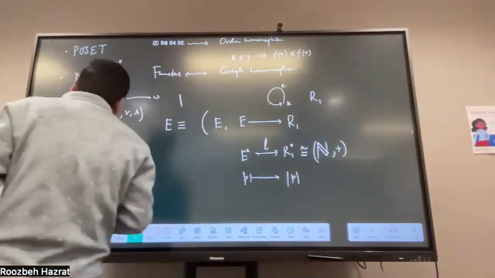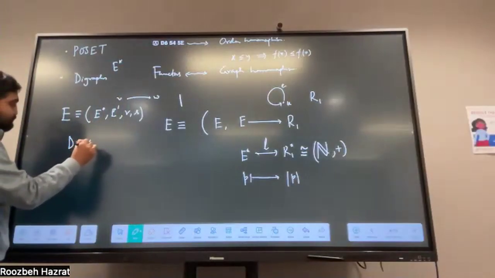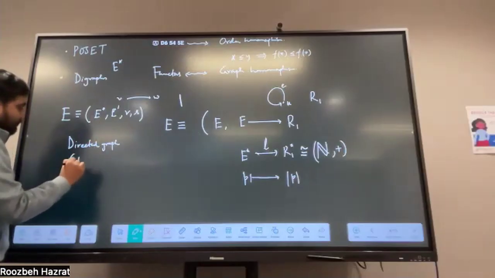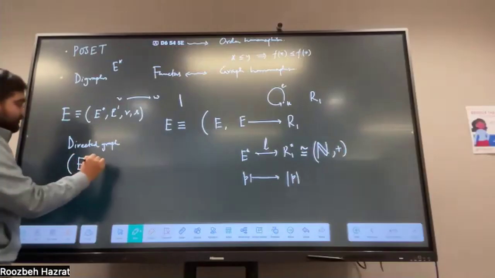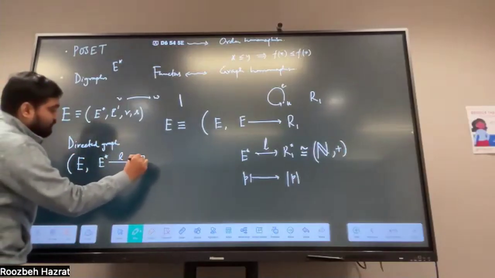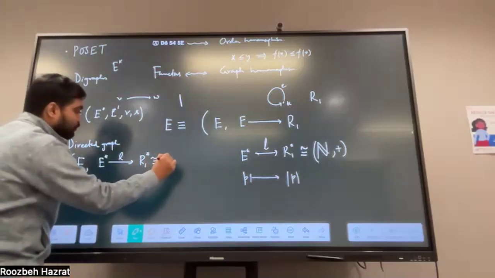So from now on, we will view a directed graph as a pair E together with this length functor going to the path category of the rose graph, or equivalently this monoid.